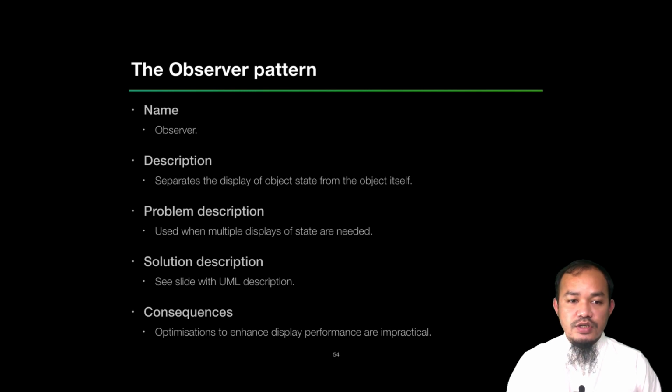The solution description is given in UML actually. The consequence is that optimizations to enhance display performance are impractical. So it will be useful when you want to display in different forms of display but using the same data. We can use the observer pattern.